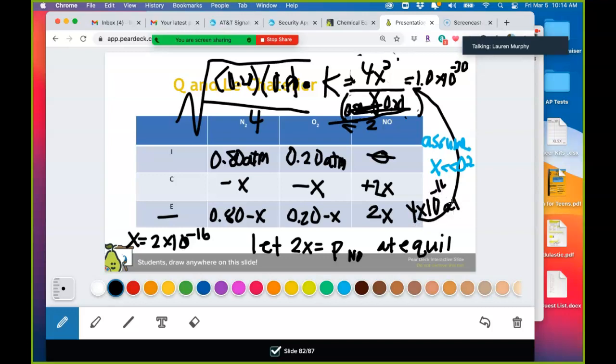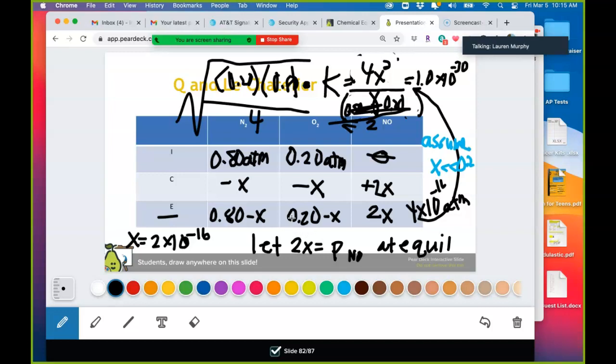So basically nothing. Now, you can go ahead and try in your calculator, but if you take 0.8 minus x, which is 0.8 minus 2 times 10 to the negative 16th, it's so small, your calculator literally will spit 0.8 back out. And if you take 0.2 minus a number, it's going to spit 0.2 back out because that number is so small.